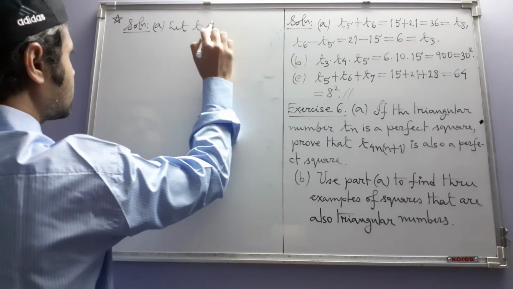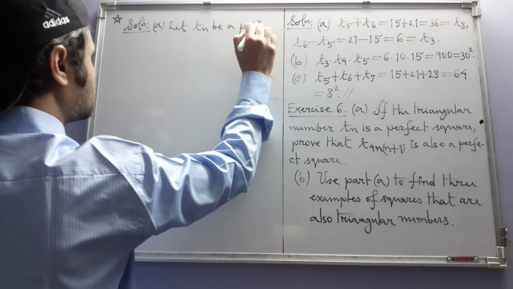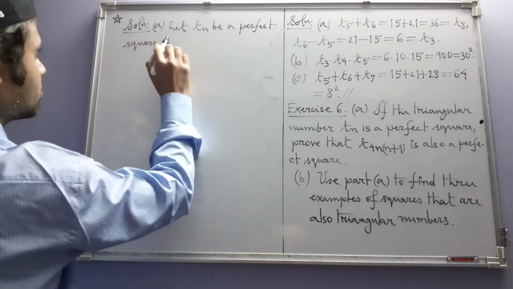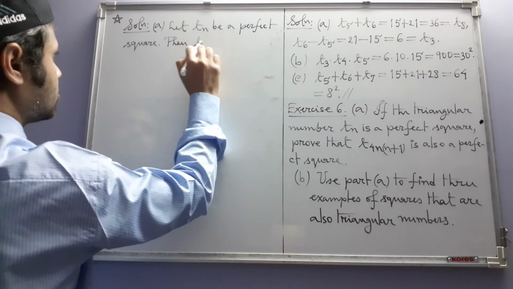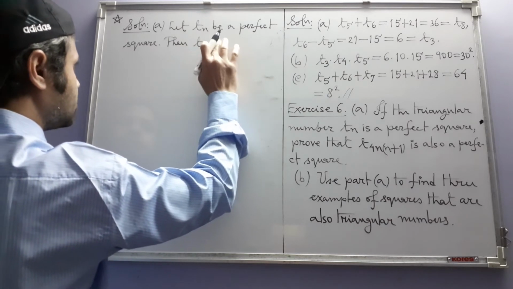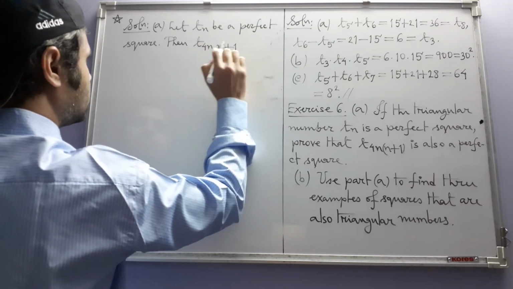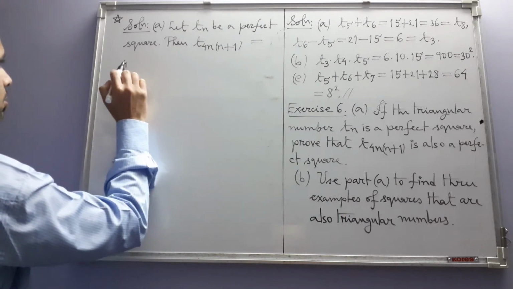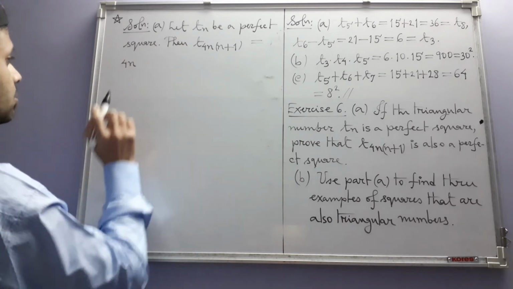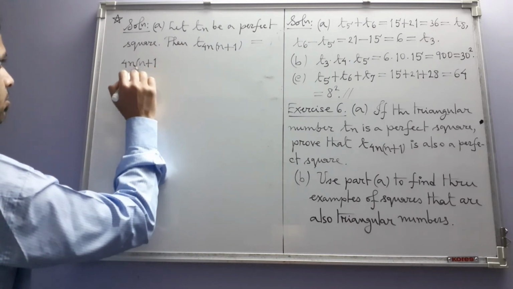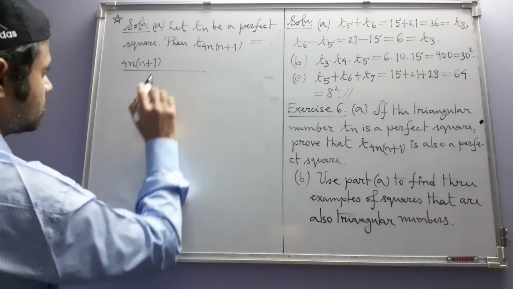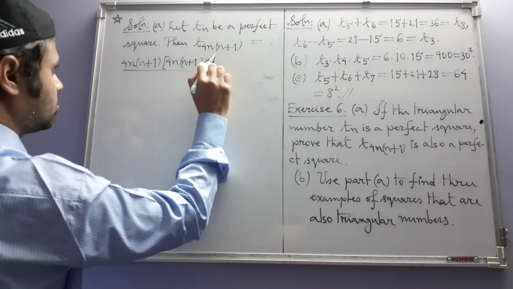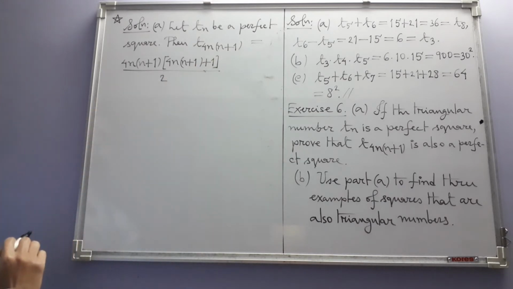Let Tn be a perfect square, then T4n times n plus 1 is equal to 4n times n plus 1 times 4n times n plus 1 plus 1, divided by 2.